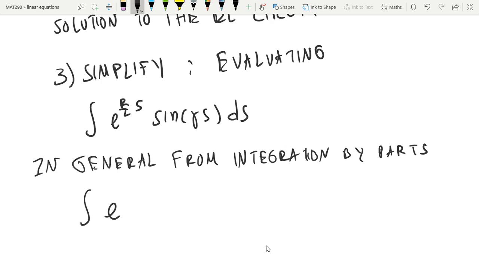So e to the bs. So the integral of e to the bx times the sine of ax dx is always equal to the following.